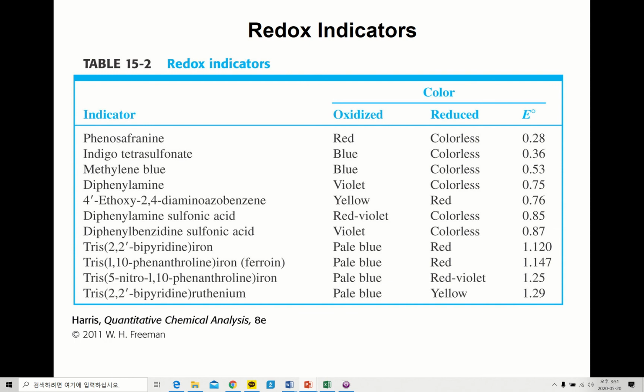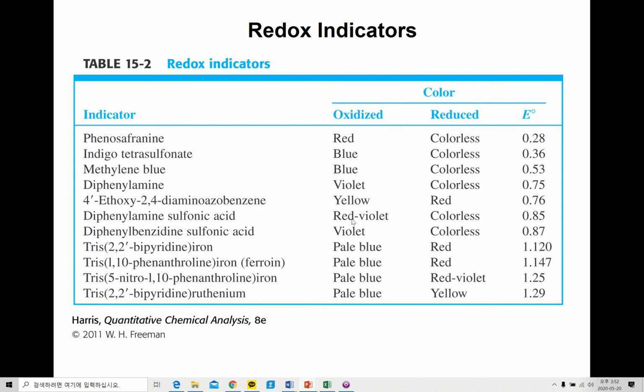Since permanganate is a very strong oxidizing agent, at the equivalence point the E value is very high, and then you may choose from this one, tris(2,2'-bipyridine) ruthenium, or this one. If you choose another compound as an indicator, there may be a titration error. This is a kind of guideline.